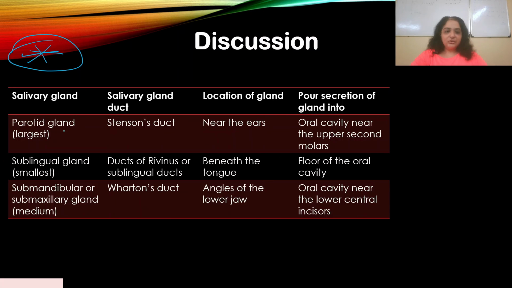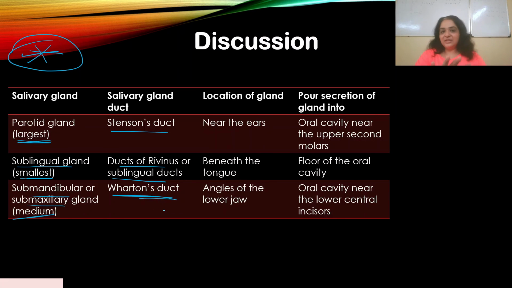So you have parotid gland, which is the largest gland. You have the sublingual gland, which is the smallest gland, and you have the submandibular or submaxillary gland, which is medium in size. Okay, so parotid gland, the duct is Stenson's duct. Sublingual is ducts of Rivinus or sublingual ducts, and the third one is called Wharton's duct, which we've answered the question to.